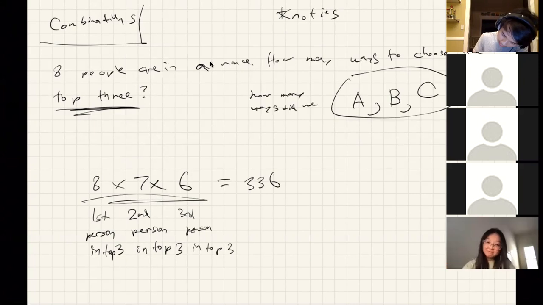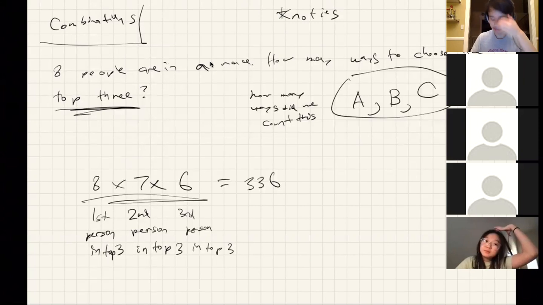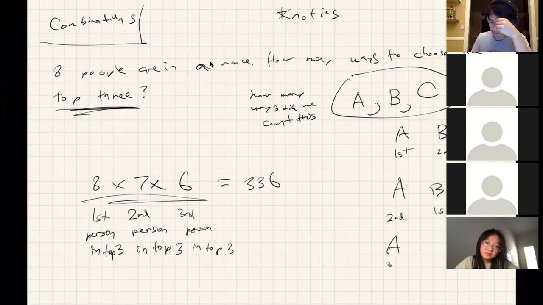One way we counted this is by choosing A as the first person, B as the second person, and C as the third person. Another way we could have counted this top 3 group, this podium, is if A was the second, B was the first, C was the third, or where A was the third, B was the second, C was the first, and so on.